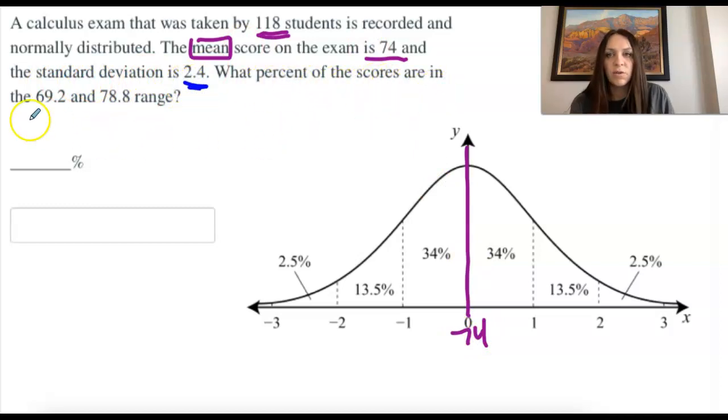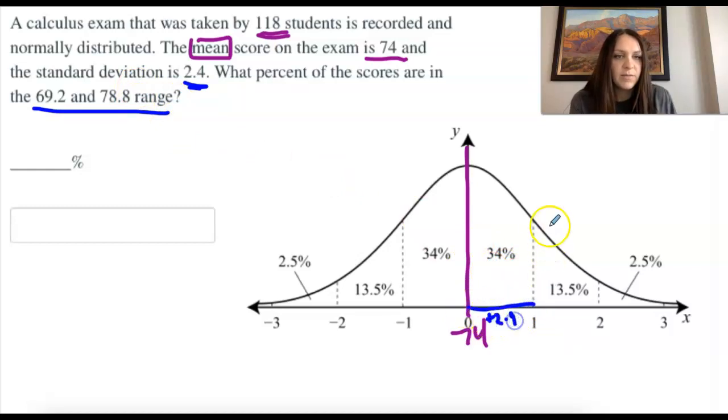What percent of the scores are in the 69.2 to 78.8 range? So I need to move around a little. I need to add 2.4 right here, which would be 76.4. And then I would add 2.4 again, which would be that 78.8.